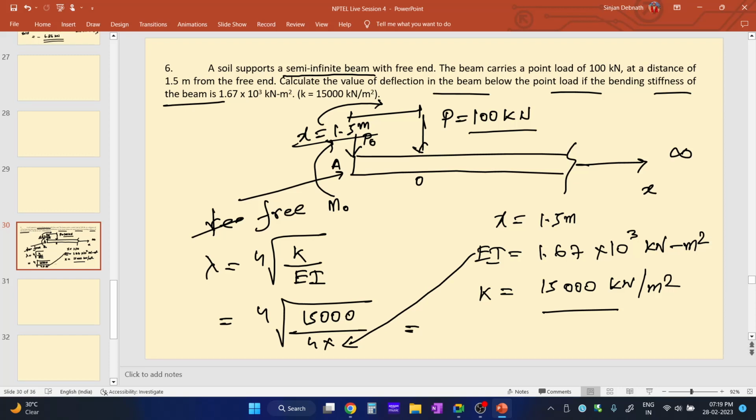If we solve this, we will get lambda equal to 1.224 meter inverse. Okay, this is the value of lambda. So now what will happen? Here we have given a counteracting moment, and another moment will generate due to this P, which we are trying to counteract.